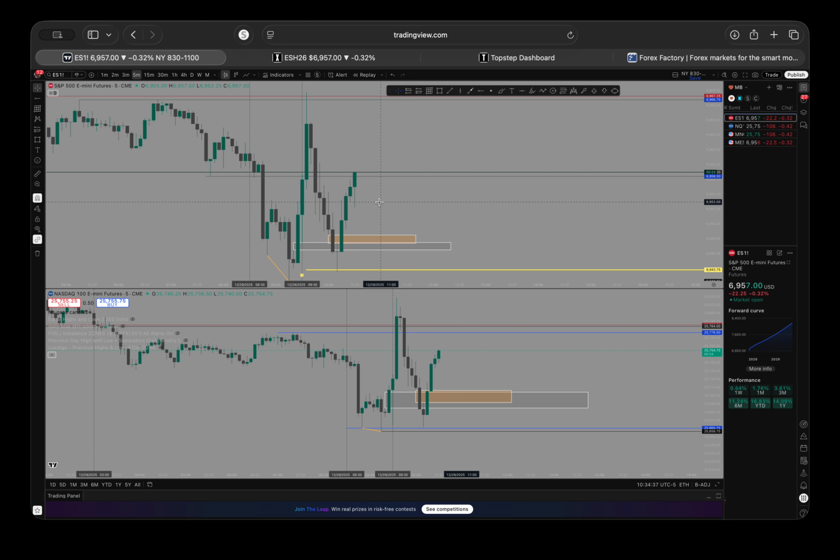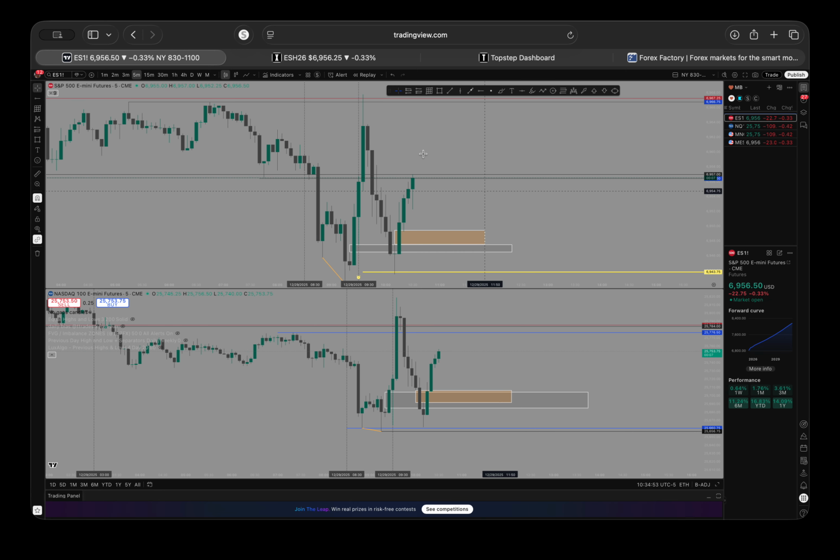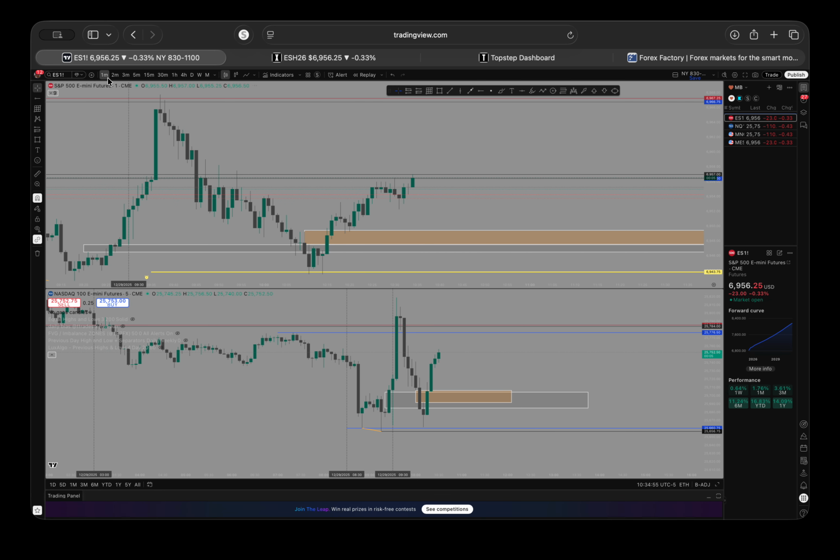So I'm looking to see if there are any. I know that I'm actually going to shift this fair value gap to support this right here. Yep, there's this fair value gap. This is on the 5 minute. Let me look on the 1 minute to see if it was honored.